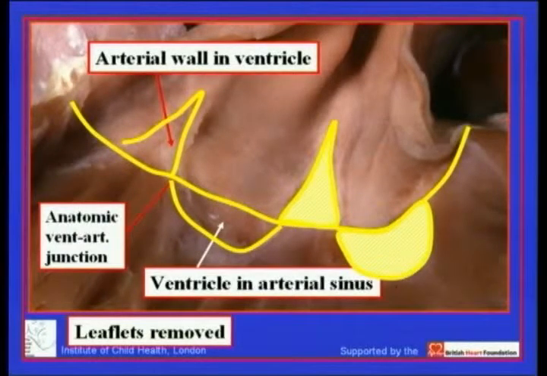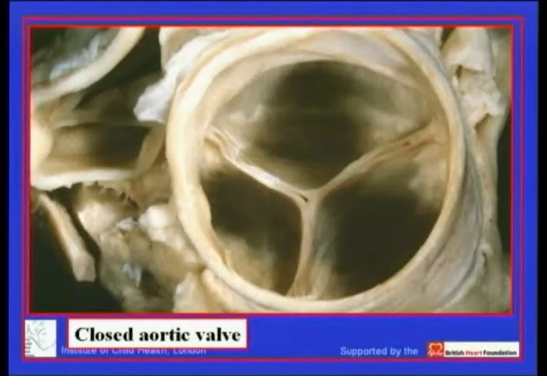So the essence of understanding is that the hemodynamic junction, marked by the semilunar attachments of the leaflets, crosses the anatomic junction. And it is because of that crossing of these two junctions that we can get this snug closure of the arterial valve, seen here in the aortic valve, as we look down upon it from the aortic aspect.